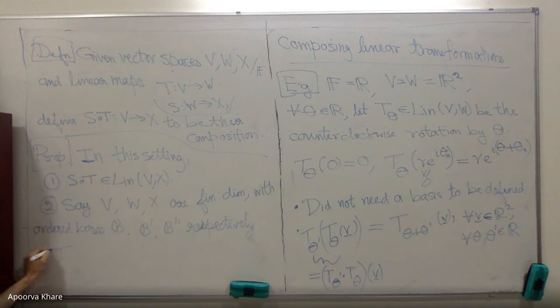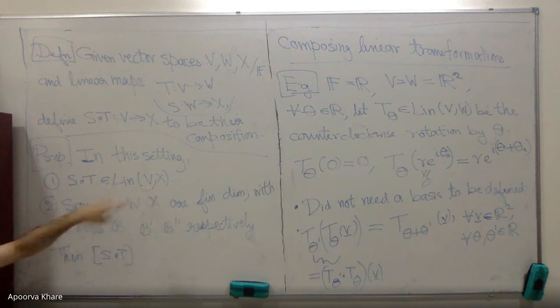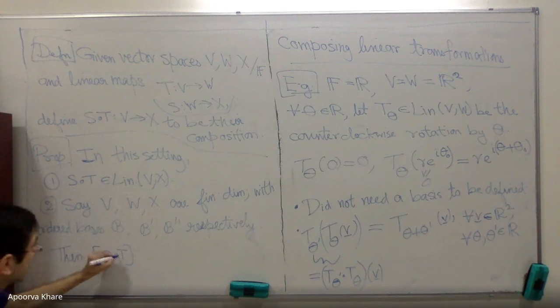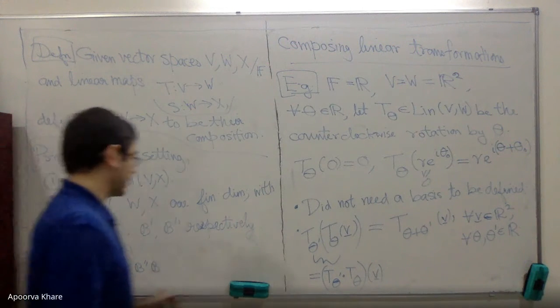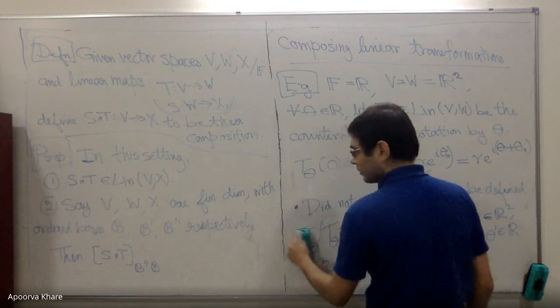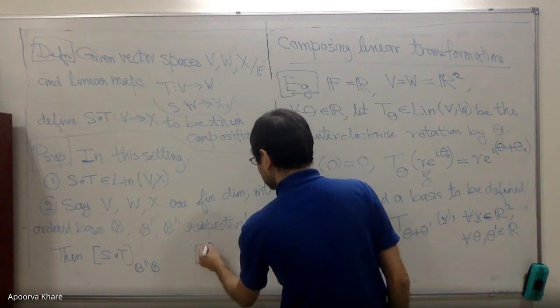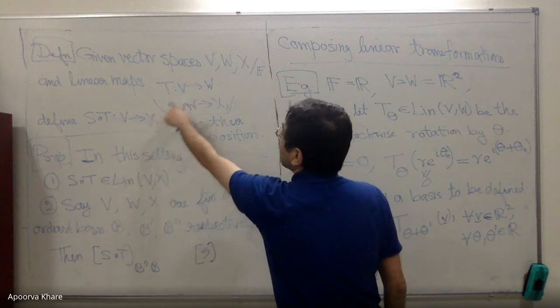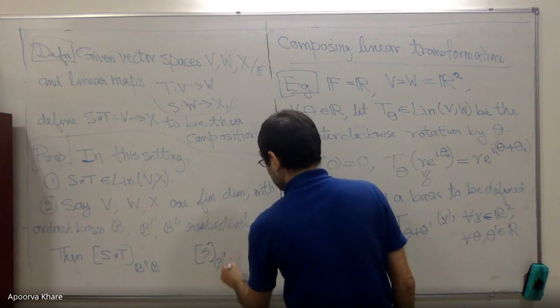So then, if you look at S composed T, this goes from V to X. Therefore, I can look at that in the basis of X and then V. On the other hand, obviously, you can imagine what I'm going to write here. I can write down the matrix of S, which goes from W to X, so this is B double prime and then B prime.